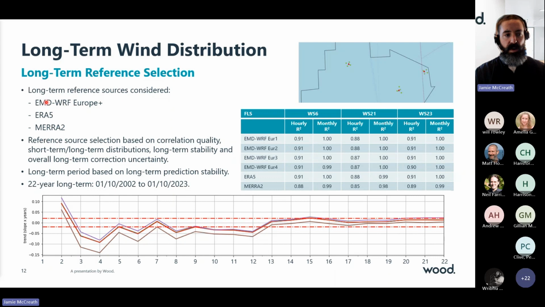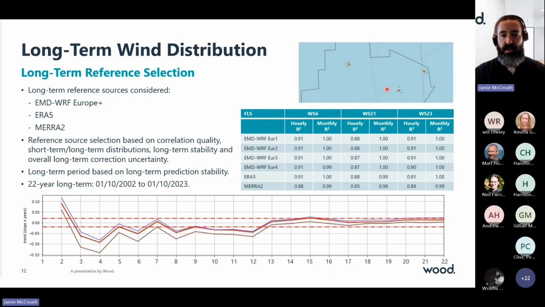So this one actually incorporates ERA5 into it. In the end, we went with the EMD WRF datasets, but we carried out validations using ERA5 and MERA2. So you can see in this image at the top, the 4 little clusters around each of the LiDARs shows the 4 different nodes, but you can imagine these would cover the whole of this area at that spacing.